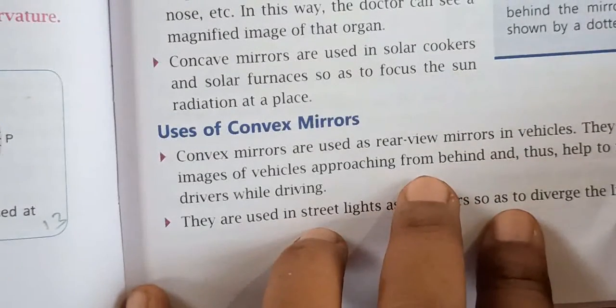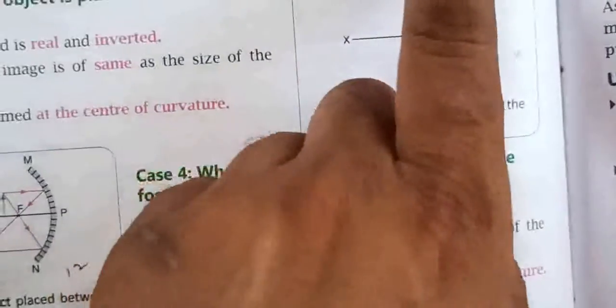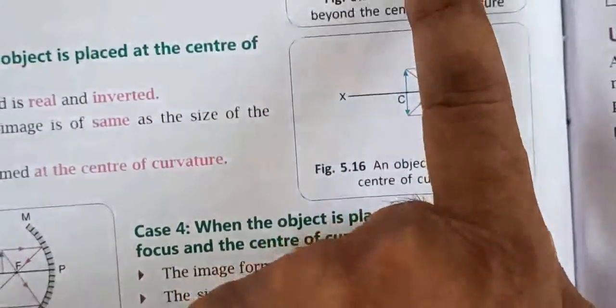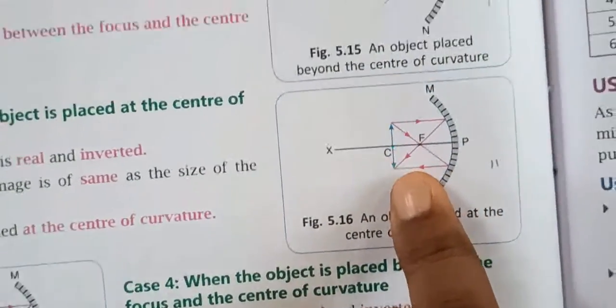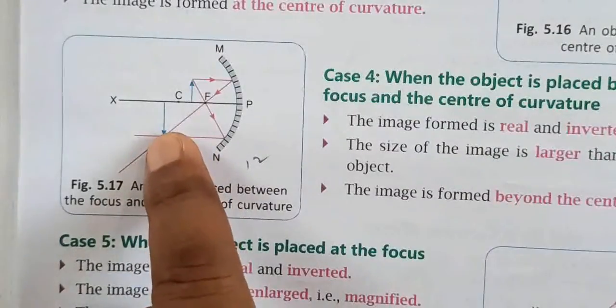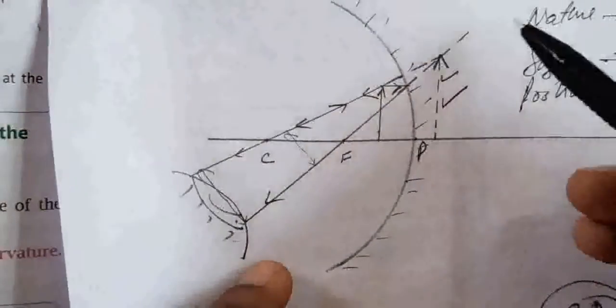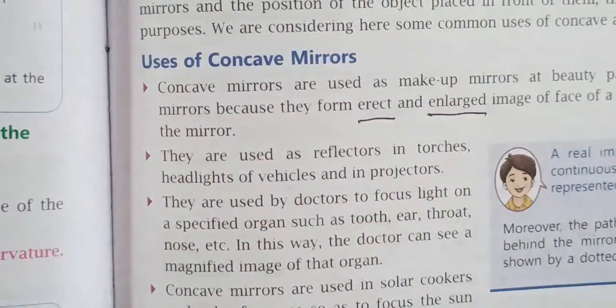Real images are represented, you can see here, by thick lines. Here also thick line, here also thick line. But virtual images, although in your book it is not shown, I will show you. Here it is made by dotted line. So that is mentioned in the box.